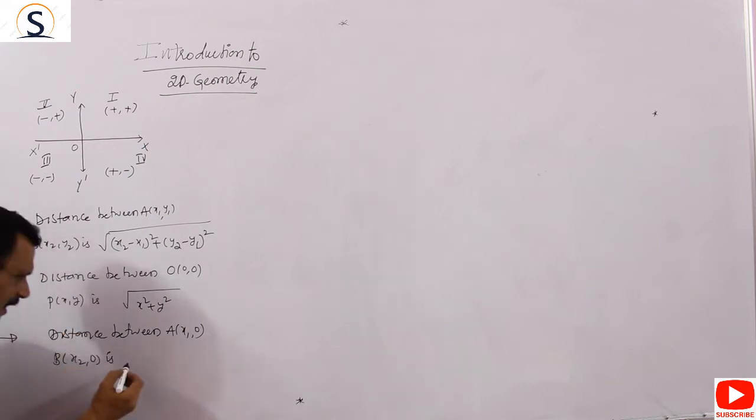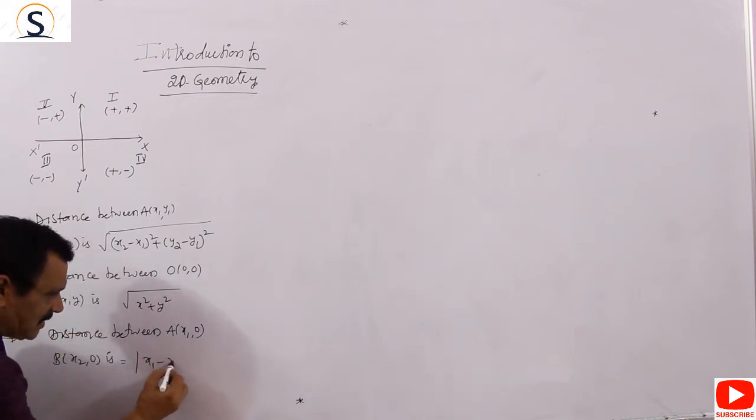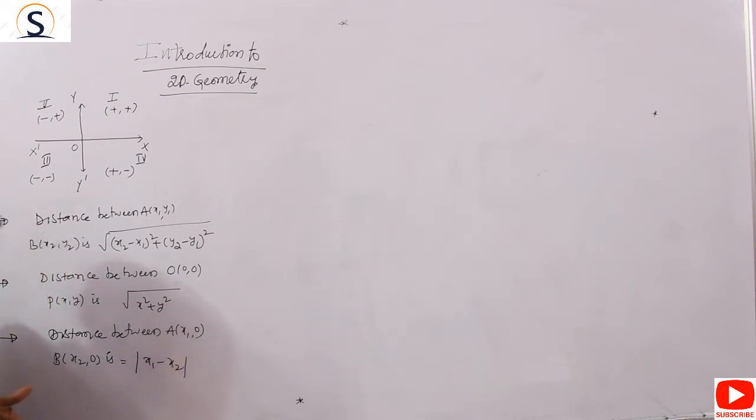Therefore, simply the distance is equal to modulus of x1 minus x2. Take the difference as positive. This is the distance between 2 points. There is no need to write (x1 minus x2) whole square plus (y1 minus y2) whole square. Whenever the y coordinates are zeros, simply take the difference of the x coordinates.